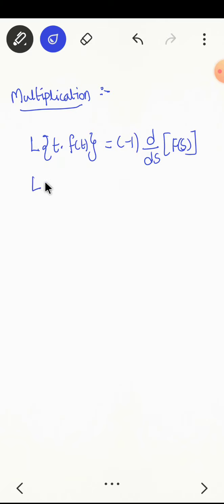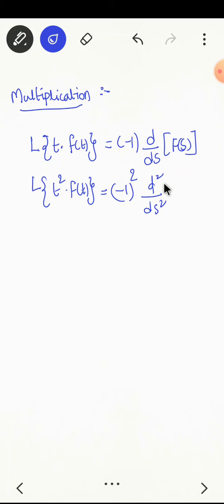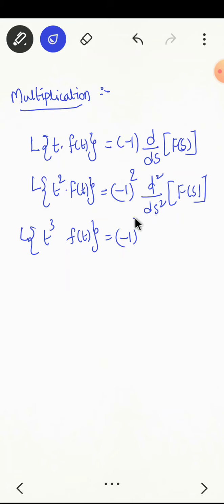Then if you have Laplace of t square f of t, then you can write minus 1 whole square d square by ds square of f of s. That means 2 times differentiation of f of s. If you have Laplace of t cube f of t, it can be written as minus 1 whole cube d cube by ds cube f of s.